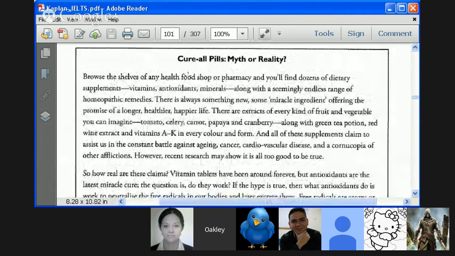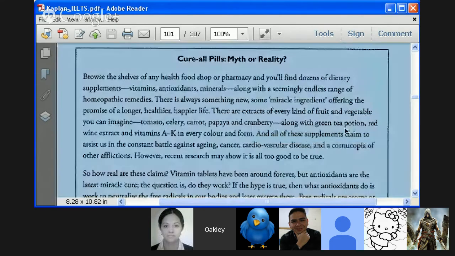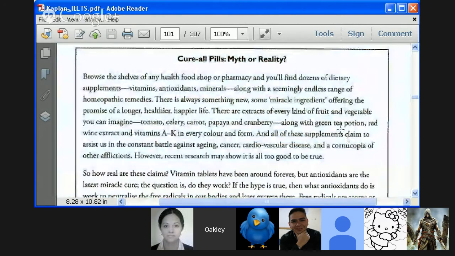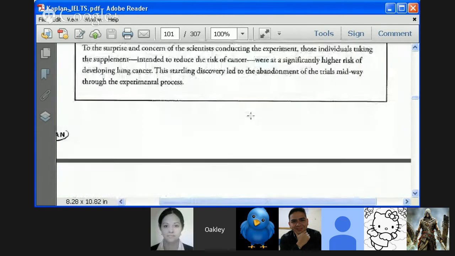He says you'll find dozens of dietary supplements. He talks and talks about it. Something new. There are extracts of lots of examples. All of these supplements claim, here's a key word here, claim to assist us. However, recent research may show it is too good to be true.